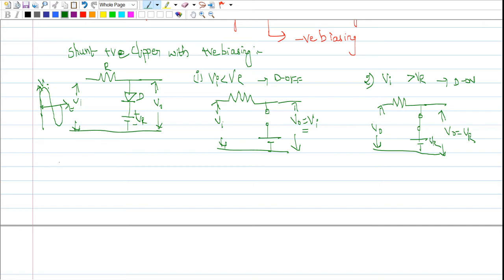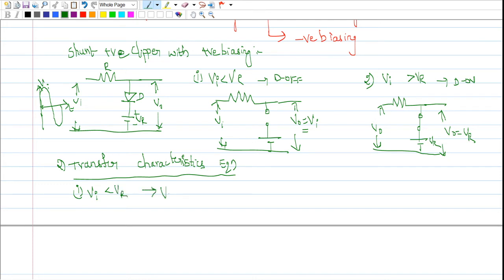That was the working of the diode. The second step is the transfer characteristic equations. The first condition is Vi less than VR, where the output voltage is equal to the input voltage, so V naught by Vi is equal to 1, that is, the slope is 1.